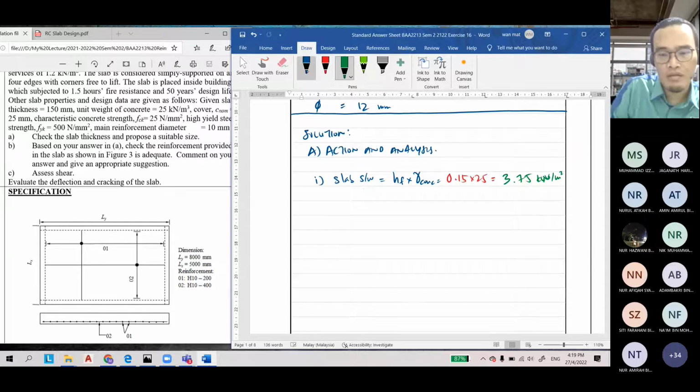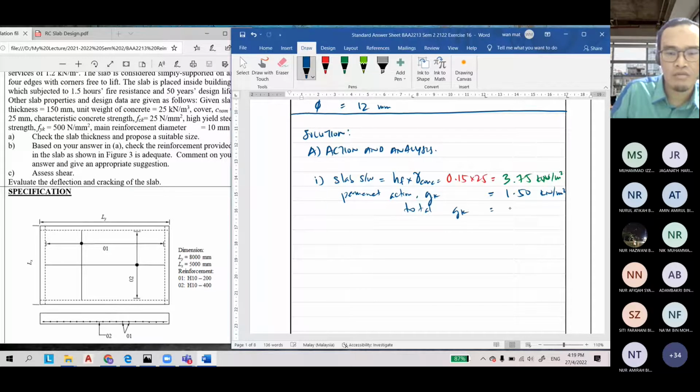And then the permanent action. GK is given as 1.50 kilonewton per meter square. So total GK, you can write down like this one. Don't waste your time.